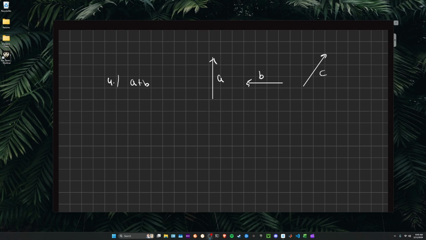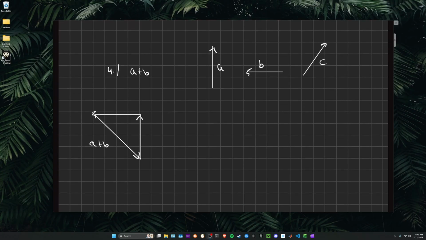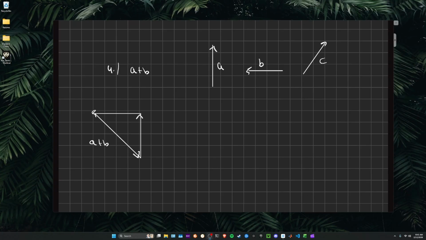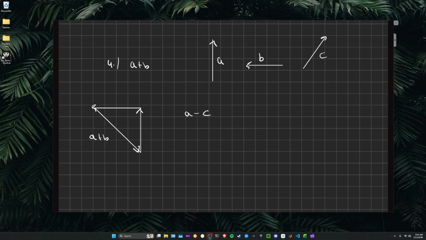Okay, so A plus B will just be this vector A plus B, and so we get this new resultant vector here that would be A plus B. And then the only other one we'll do is, let's look at like A minus C. This would be A, which travels straight up, and then plus the negation of the vector C. So if C is pointing up and to the right, then its negation will point down to the left.